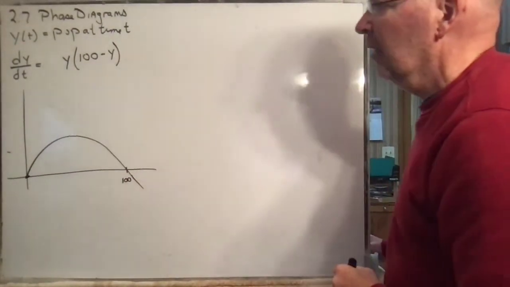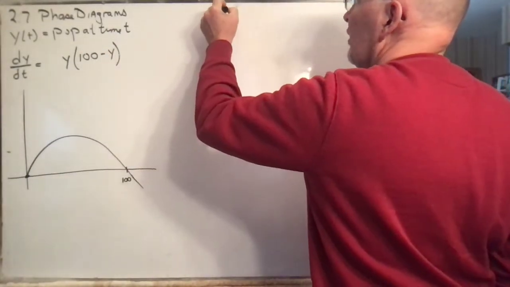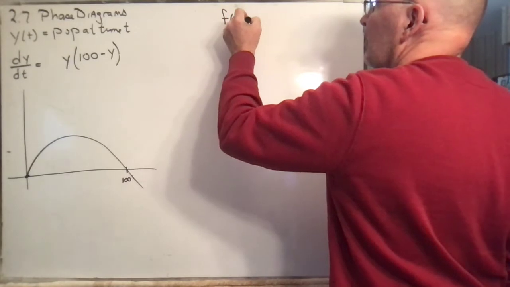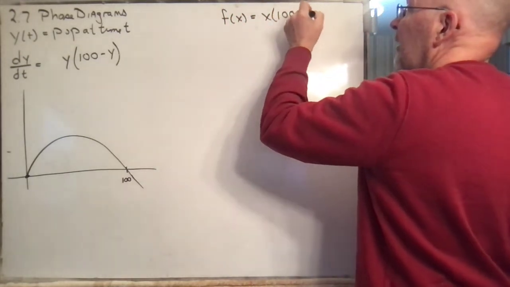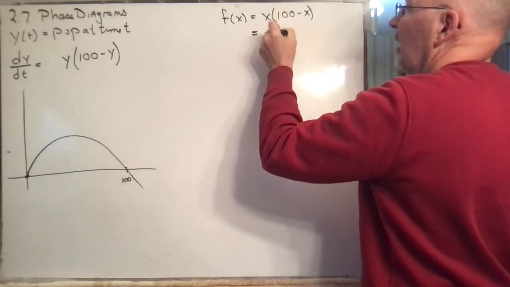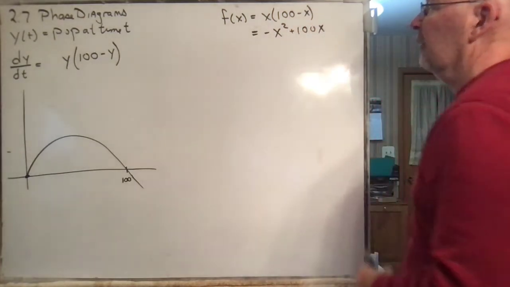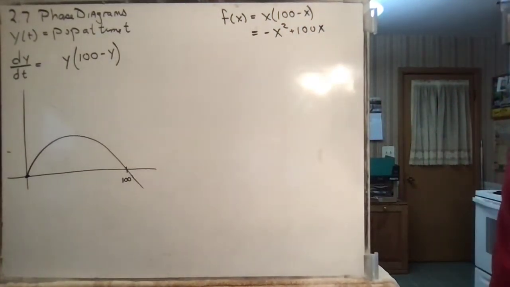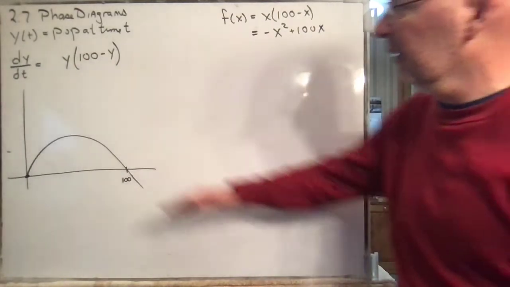Okay. So again, if you didn't know how to graph that, you could go over here and you could say, okay, f of x is equal to x times 100 minus x. And if you multiply that through, you're going to get negative x squared plus 100x. Agreed? And you've had calculus 1 now, so you know how to find where the vertex is.